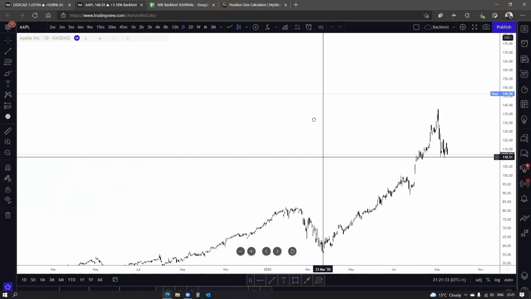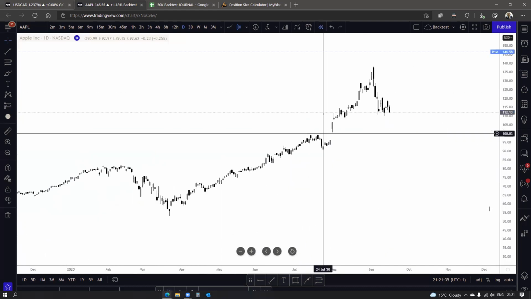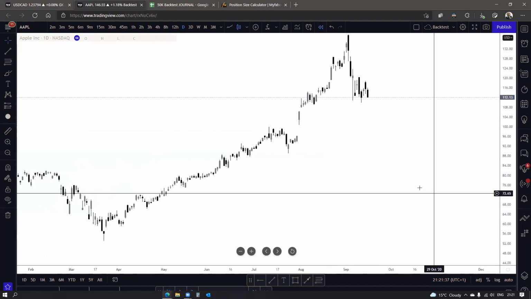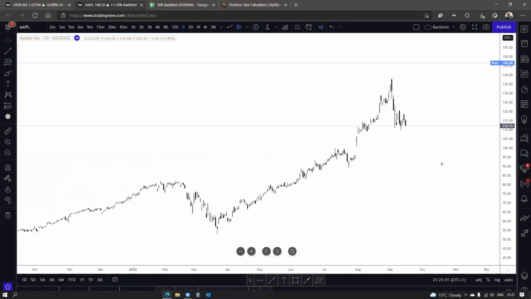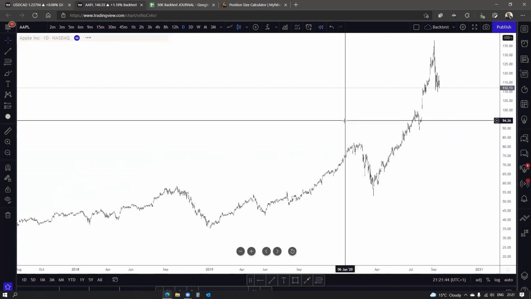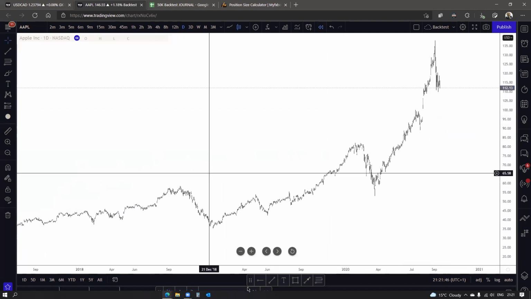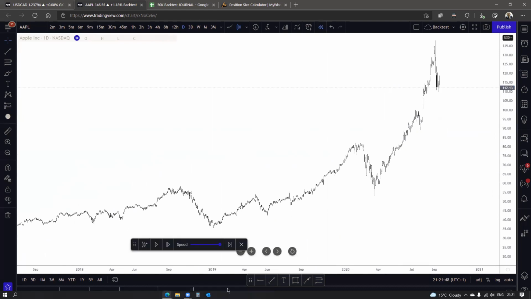Cool. So we can see the structure here really nicely.